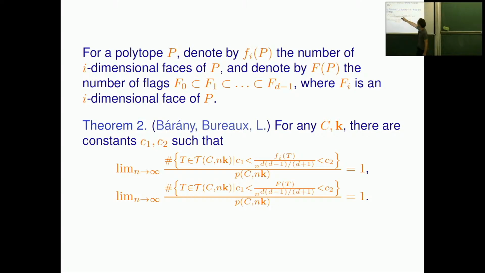The answer is that for any i, if f sub i is the number of i-dimensional faces of a zonotope, so vertices, edges, all the way up to facets, the ratio of this to n to the d times d minus 1 over d plus 1 is bounded between two constants.